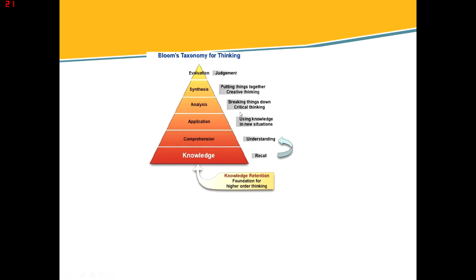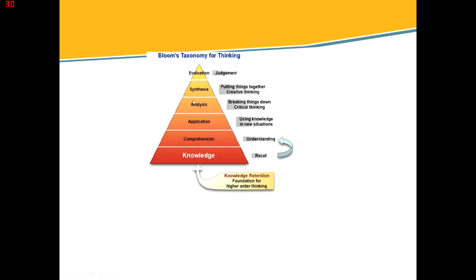Then breaking things down into critically thinking, which is analysing your text. Then, when you've really mastered the analysis, that's only when you can synthesize and evaluate. Because synthesizing means putting things together, which is creatively thinking.